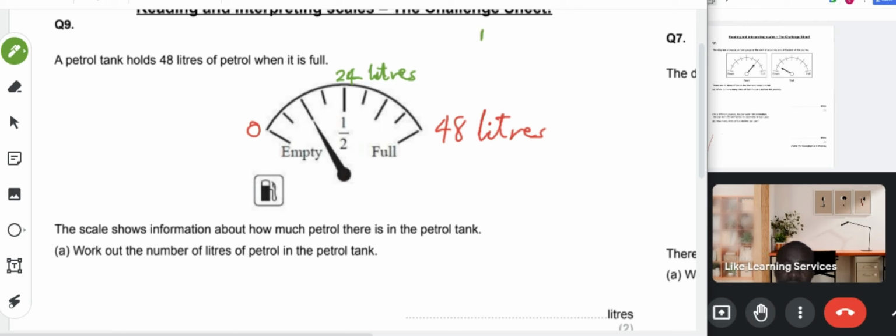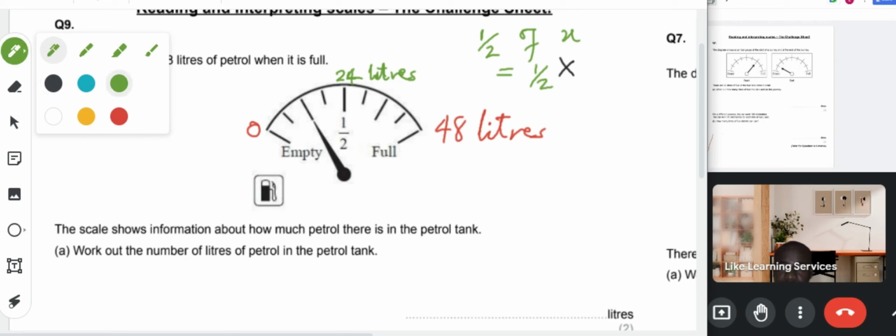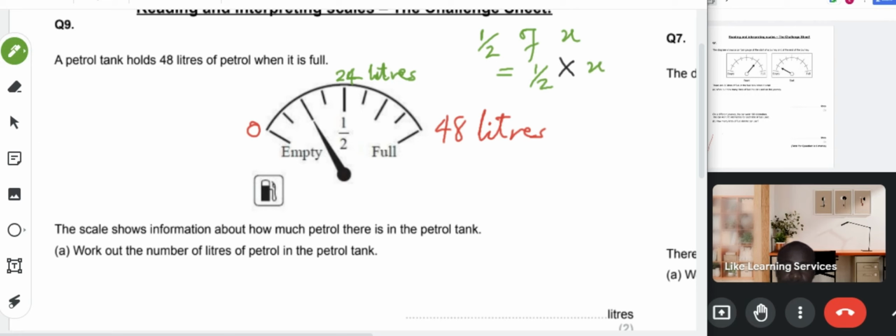By the way, when you say half of anything, it simply means half times that stuff, or you can say that thing divided by 2.